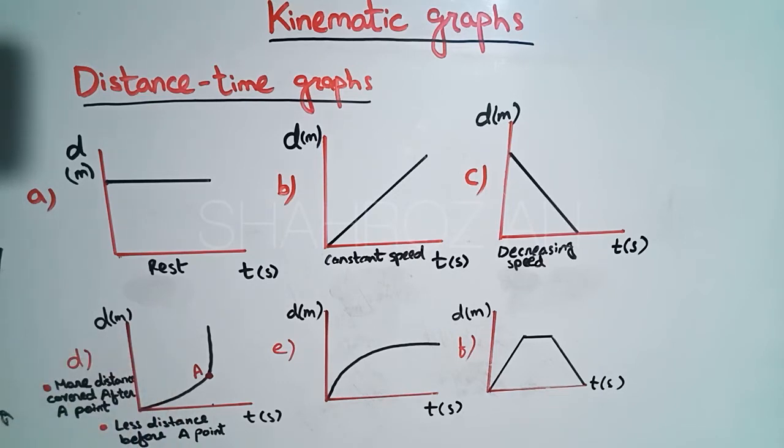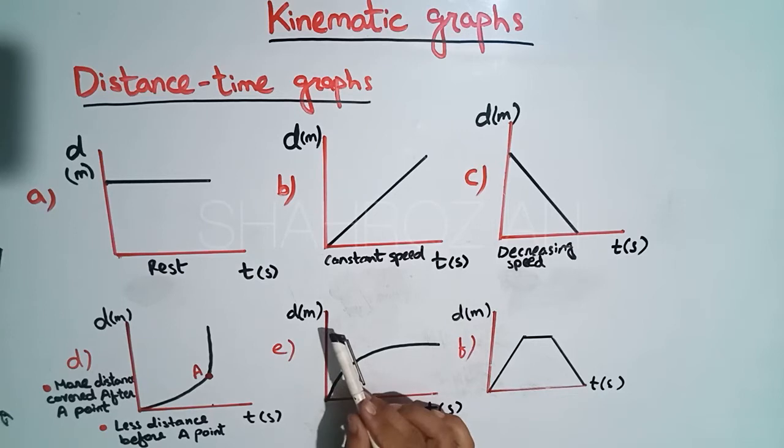And what about the second one? Here in the second graph, a body was in motion, but after some intervals, it comes to rest, because the curve tells us the distance is not increasing.